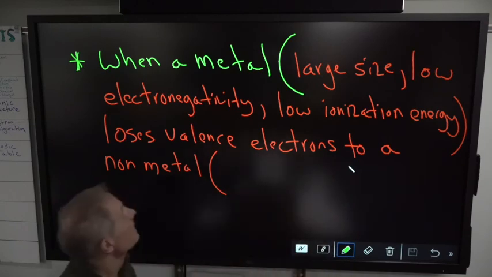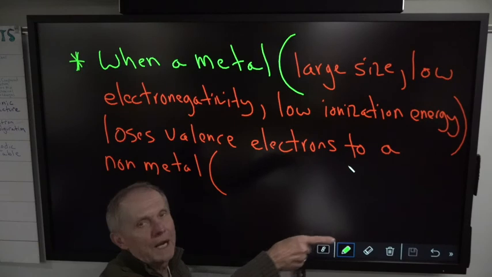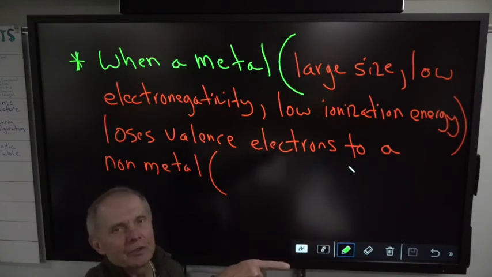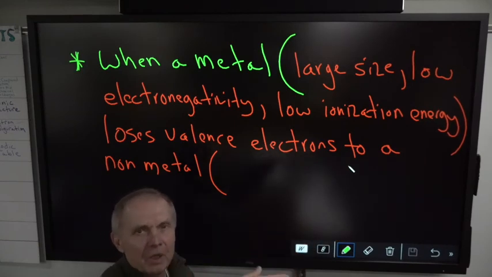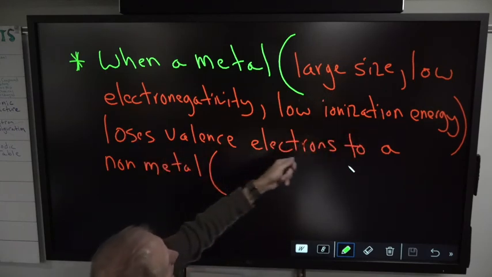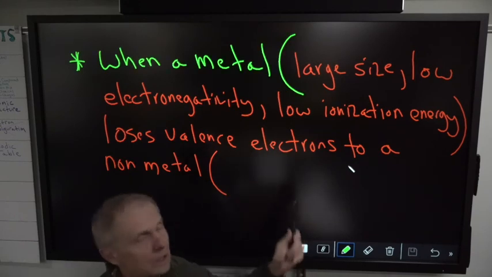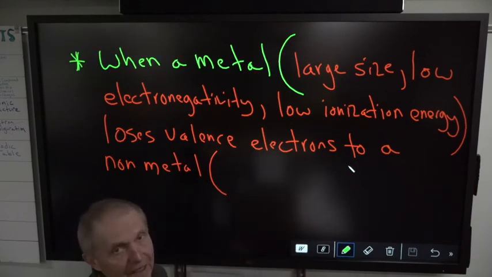So watch. When a metal, like I said, has big size, valence electrons way out there, can't really attract, so that's low electronegativity, and doesn't need very much energy to pop out the electron. So large size, low electronegativity, and low ionization energy loses a valence electron or electrons to a nonmetal.